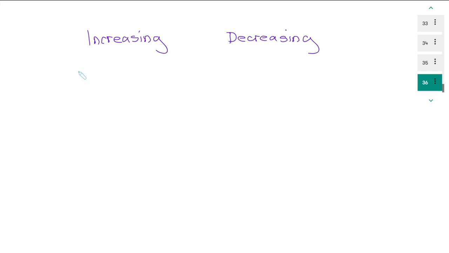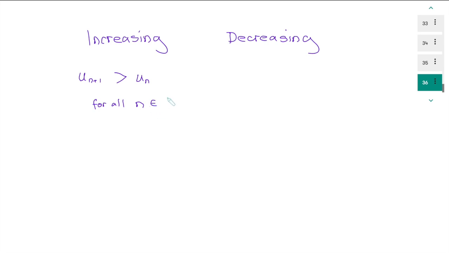So in maths terms, what we say is a sequence is increasing if u(n+1), that's the term after u(n), is greater than u(n), and that's got to be true for all n in the set of natural numbers.